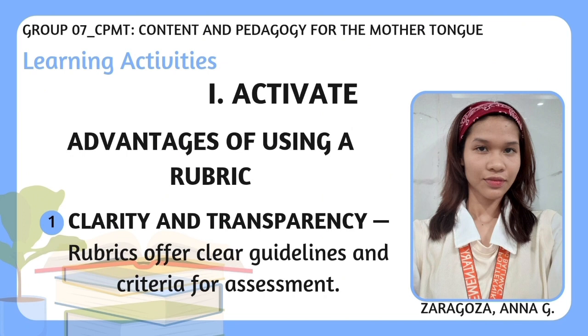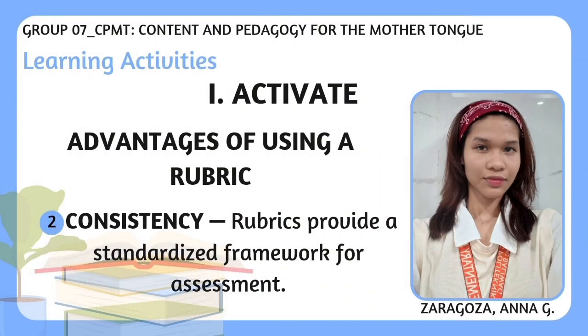By outlining specific expectations, rubrics promote transparency in the grading process, reducing ambiguity and ensuring the learners know how they will be evaluated. This transparency can alleviate anxiety and confusion among learners as they have a clear understanding of what they need to do to succeed.